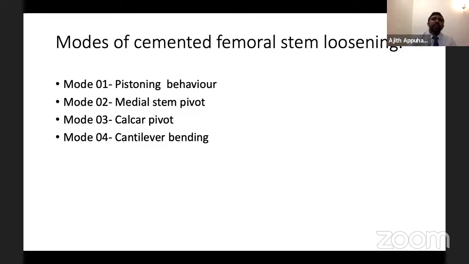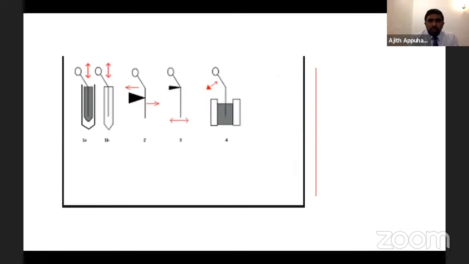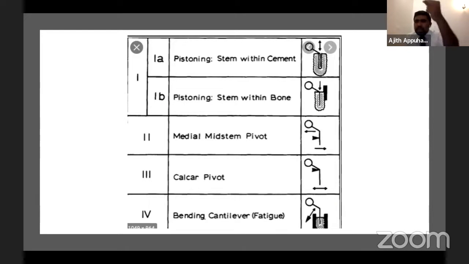One is pistoning behavior. What is pistoning behavior? It is a sliding. It's a radial loose. In pistoning, there are 1A and 1B. 1A means there's a radiolucent line between the stem and the cement, mainly at the superolateral part of the stem.